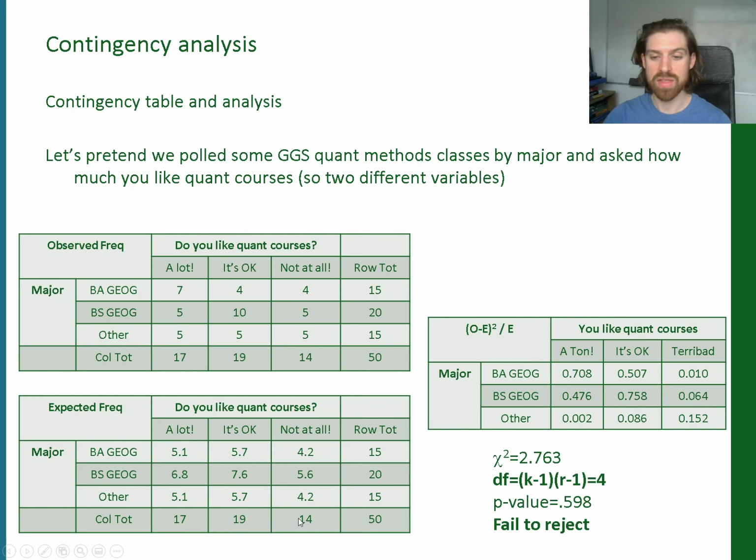So to get the chi-squared, we need to sum all the way across the rows and all the way across the columns. And when you do that, you end up with a chi-squared statistic of 2.763. Okay. And when we then compare that value against the distribution, the quantile, we can get a p-value of 0.598.